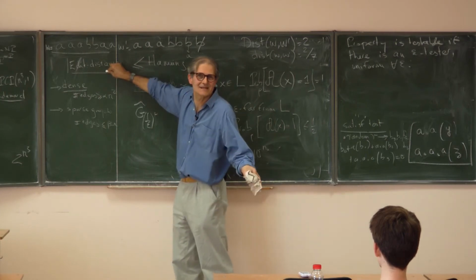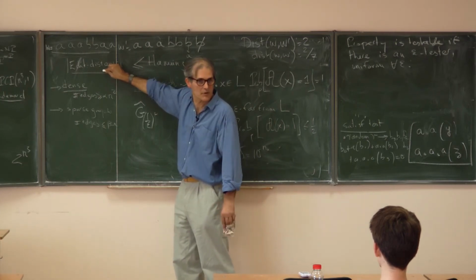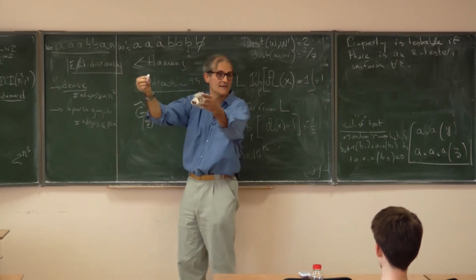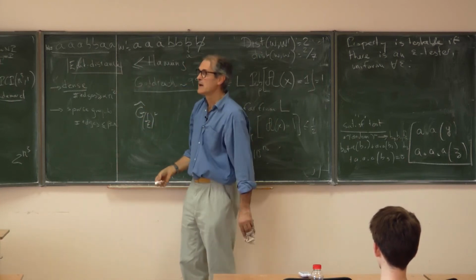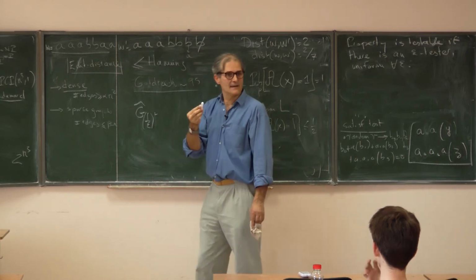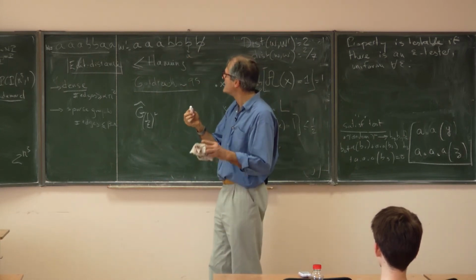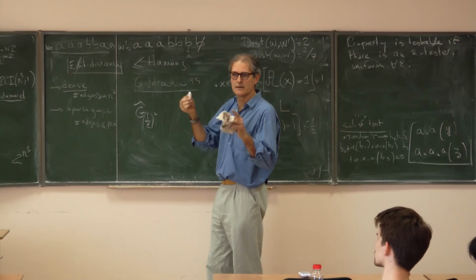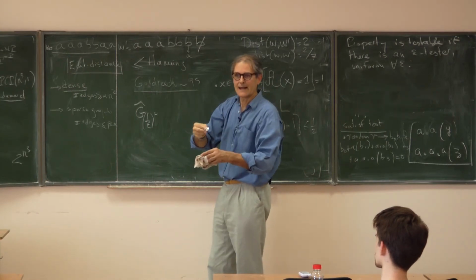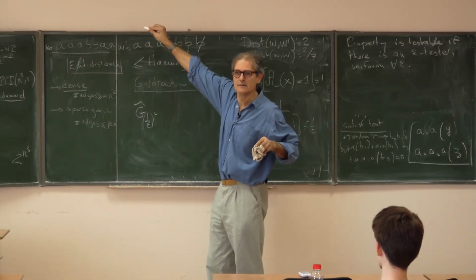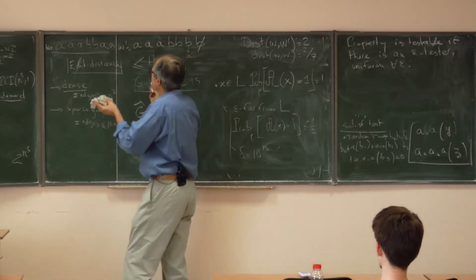Modification is the same operator, and I have more operations here, so I expect the distance to be smaller. Now, can you think of a case where the edit distance will be 1, say, and the Hamming will be n?